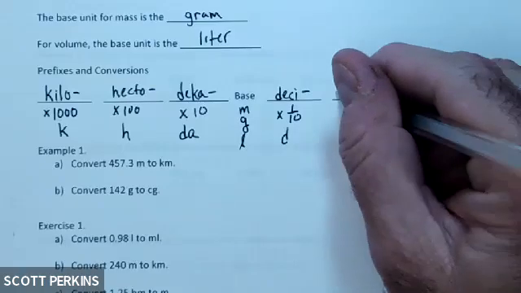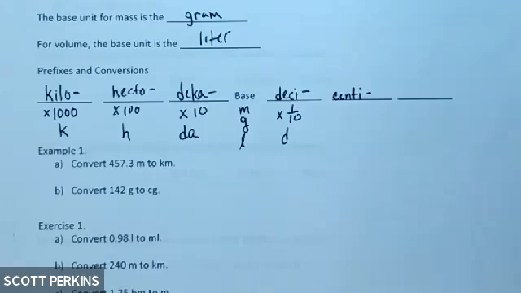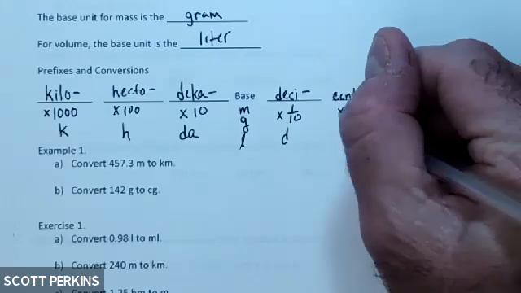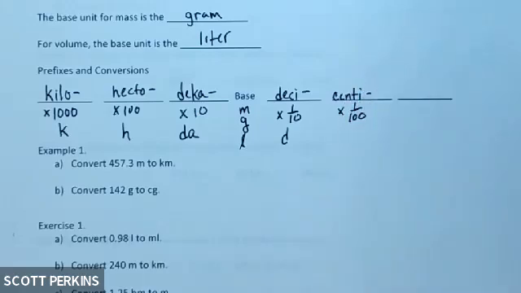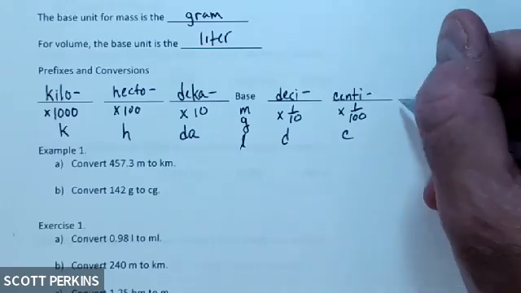The next one is centi. If you have centimeters, 2.5 centimeters is roughly about an inch. If you know what an inch is, 2.5 centimeters is about an inch. A centi is a 100th, 1 part out of 100, and the abbreviation is C. And then the last one we are going to use here is milli.